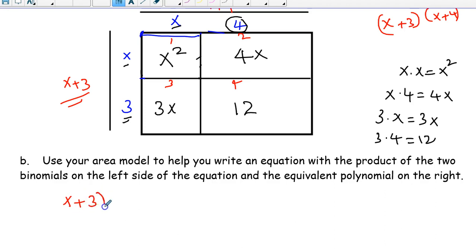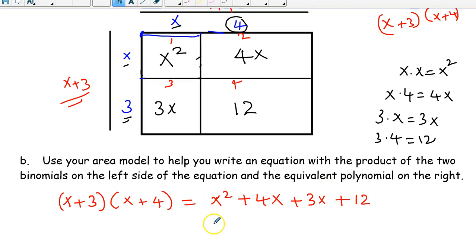It is just the same. I'll write x plus 3 times x plus 4 is equal to, right, this is a big rectangle, is equal to, the first piece is how much? The area of the first piece is x squared. The area of the second is 4x. Then I have 3x, the third one, and the fourth is 12.